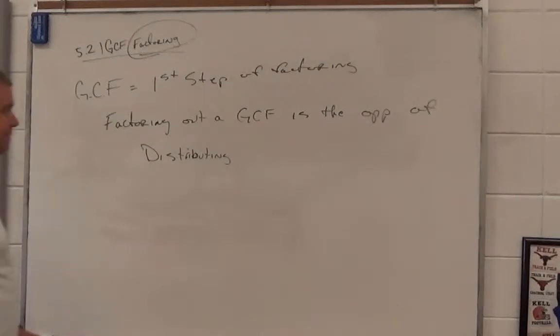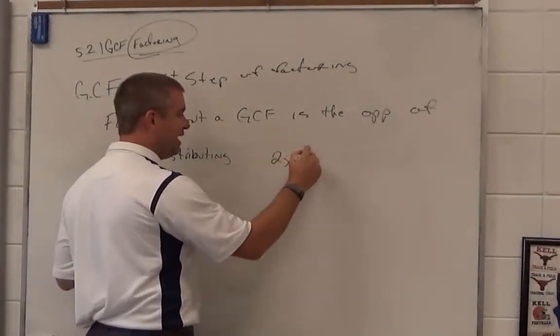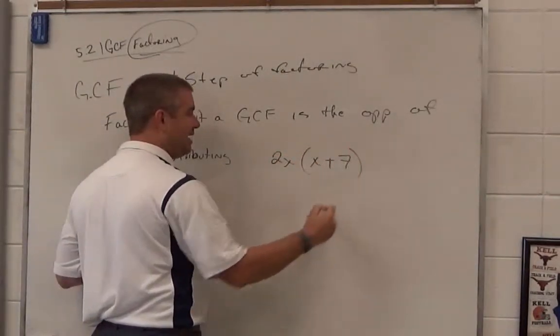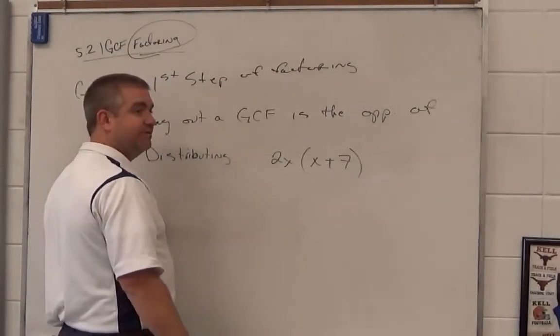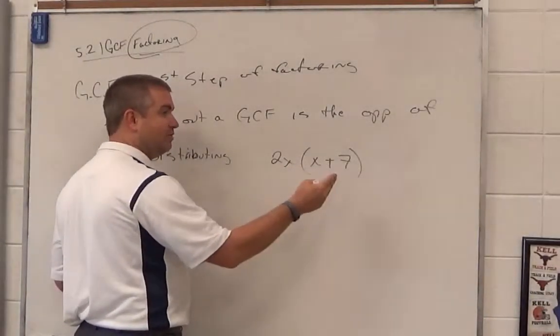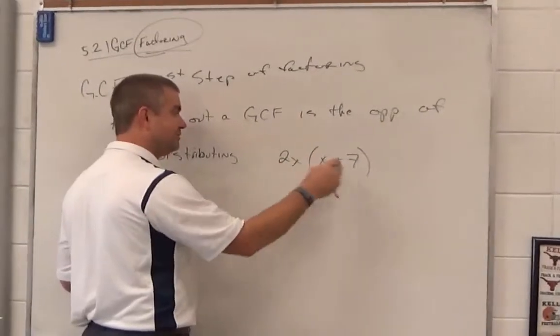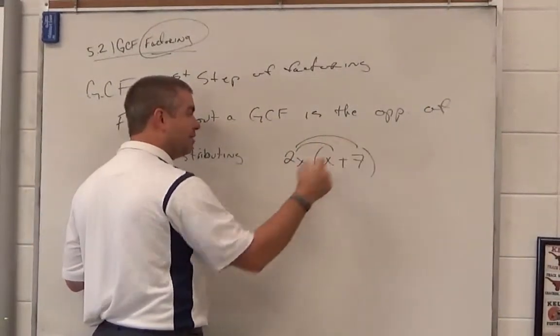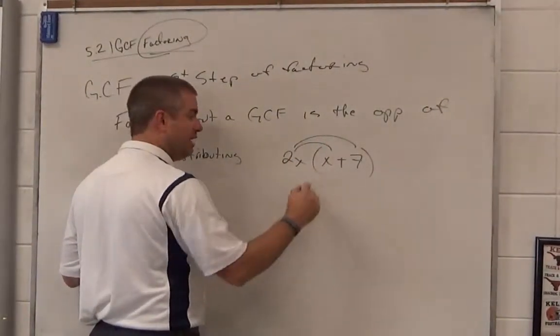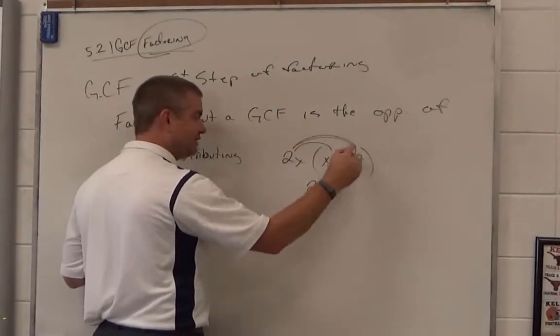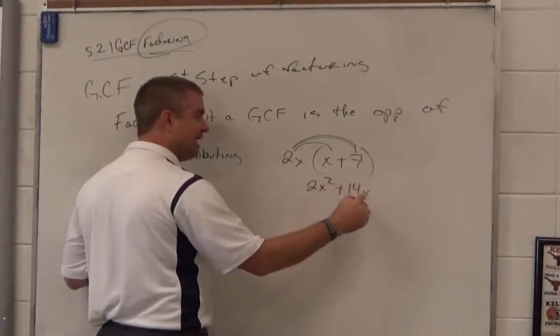What do I mean by that? Well, if I've got 2x and I'm multiplying it by x plus 7, then back in Unit 4 when we did polynomials, when we multiplied a monomial times a binomial, we distributed that monomial. And we got 2x squared. 2x times 7 is plus 14x.